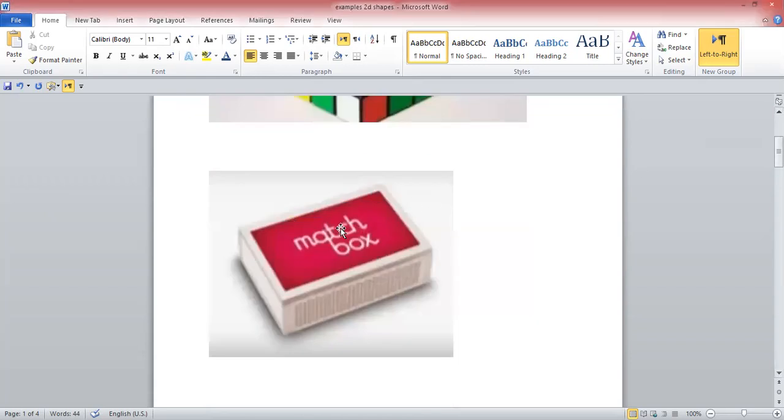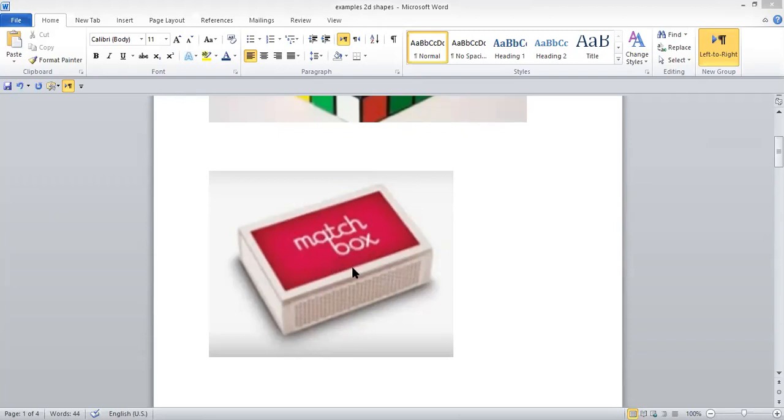This matchbox. Which shape is that, guys? Very good. This is the shape of a cuboid. You can see that some of the faces are rectangles. Even there is no square shape. All faces are rectangles here.